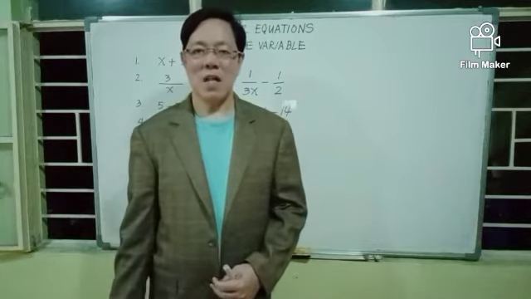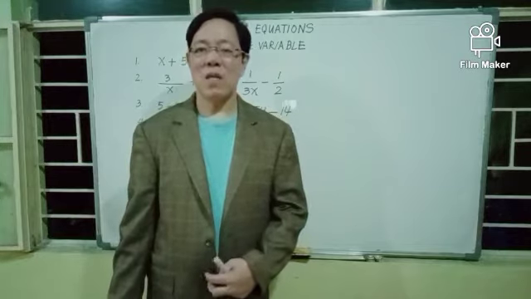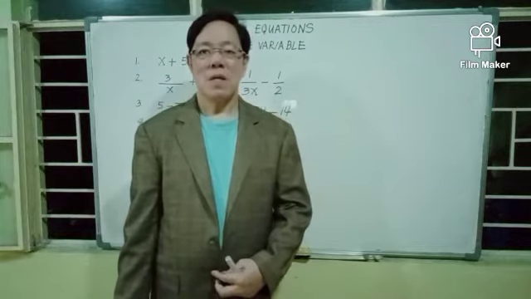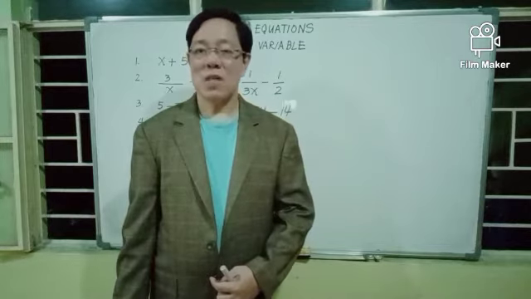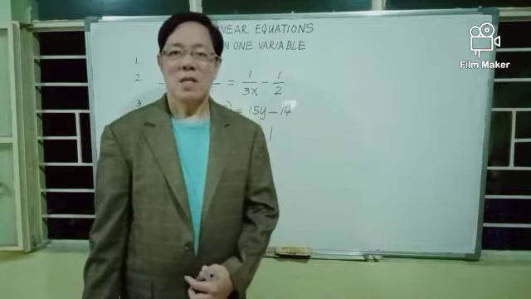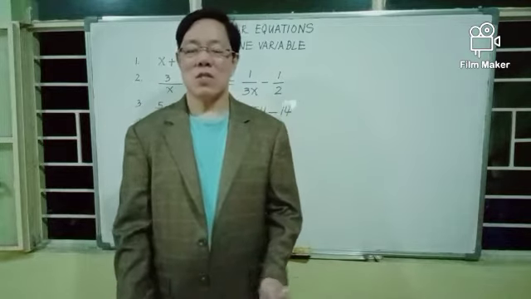But for our lesson in algebra, we will solve linear equations in one variable, and we will sketch the graph of these linear equations in one variable using their solutions.